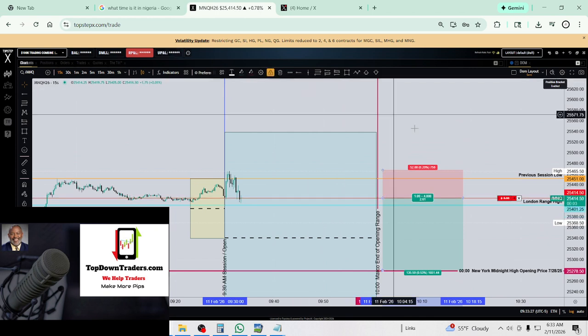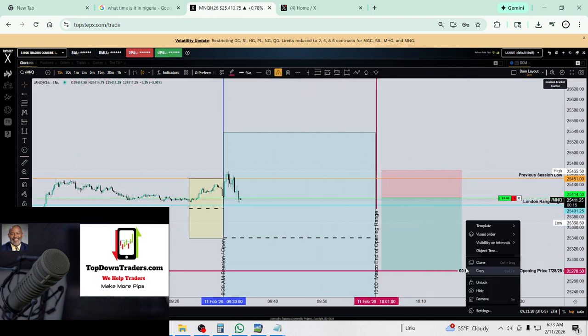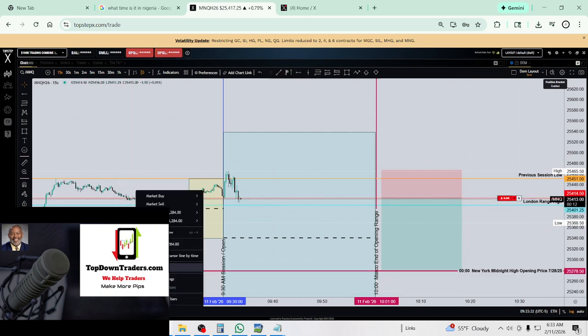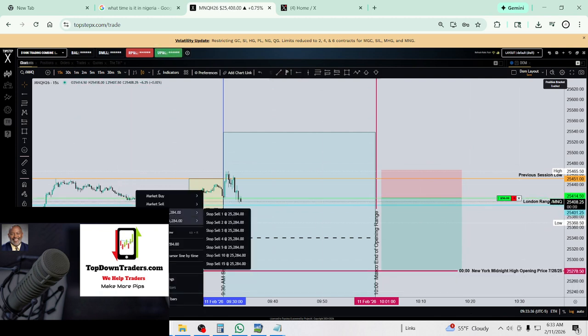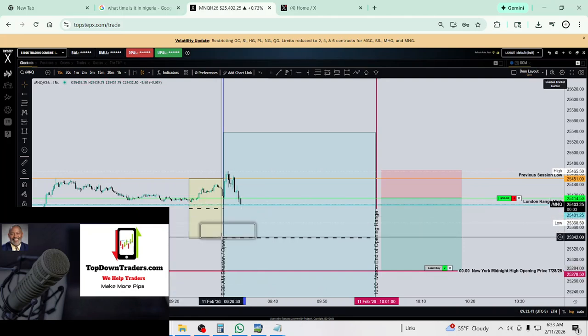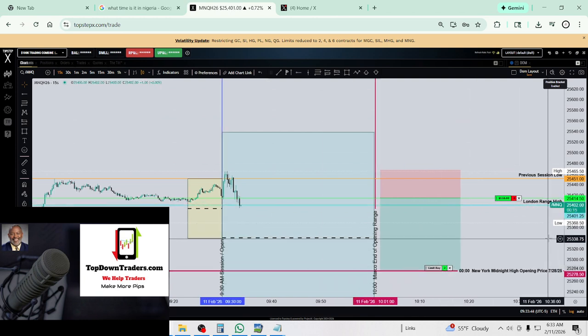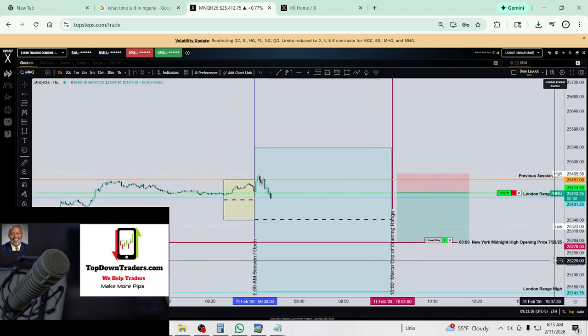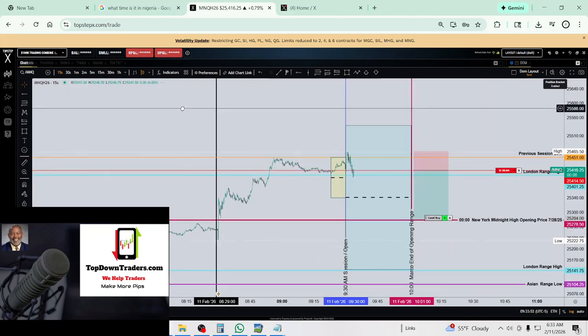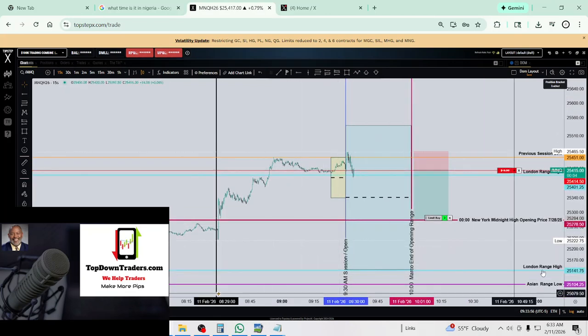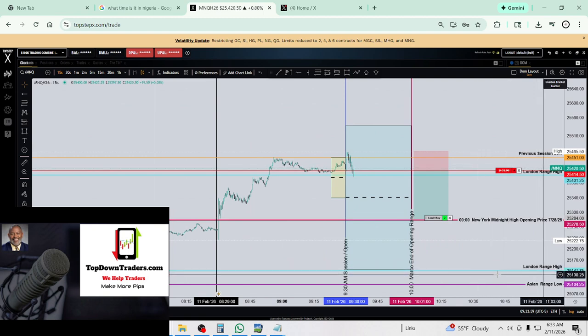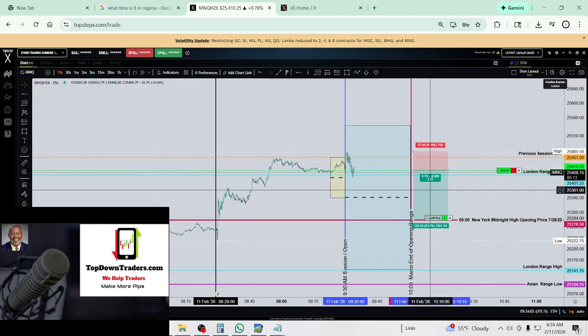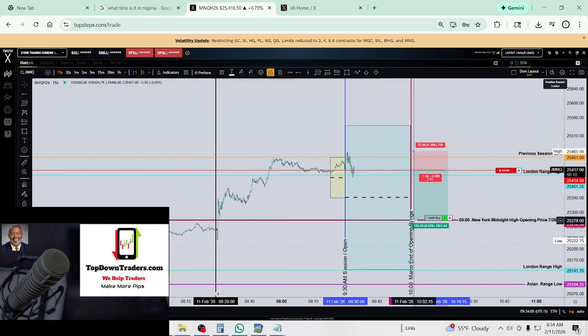I'm going to take some off over here with a limit buy of 2 at this level, okay? And I'm going to leave the runners on, looking for a target of the London lows here. Let's see how price delivers today.